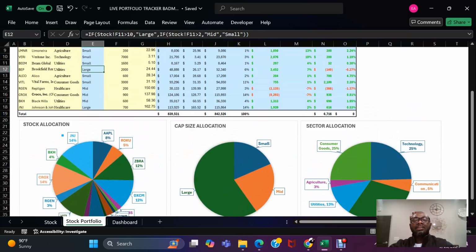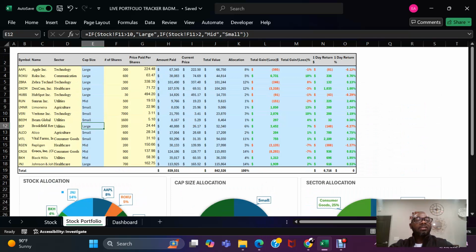By and large, we see that most of the small companies that we have are profitable. And we have over 50% of our investment in the large companies, and most of the large companies we have, the shares are loss making.